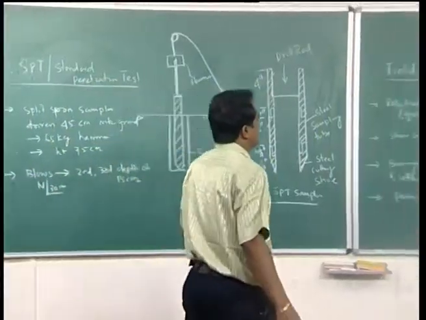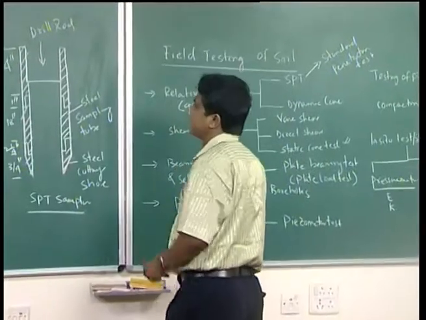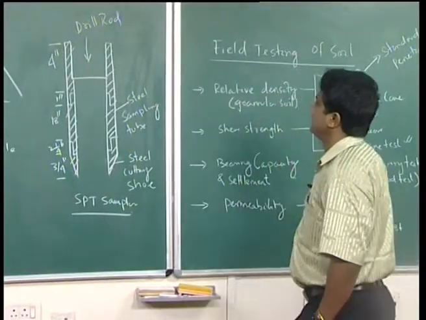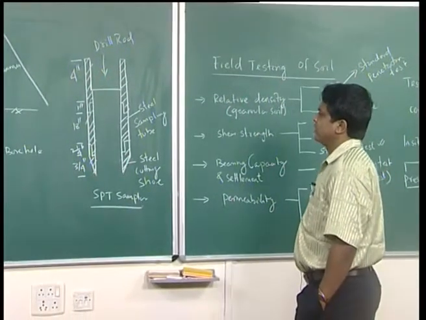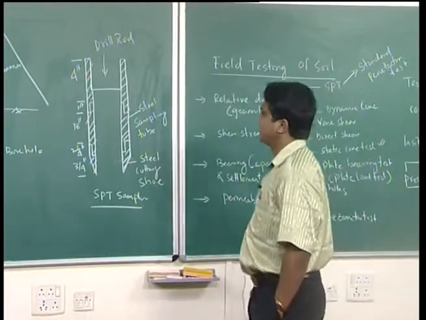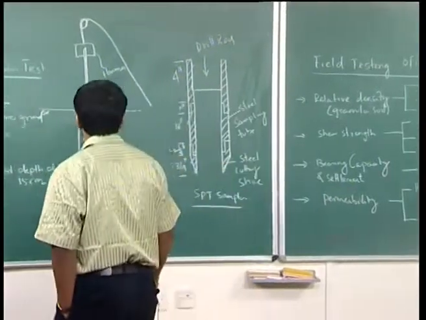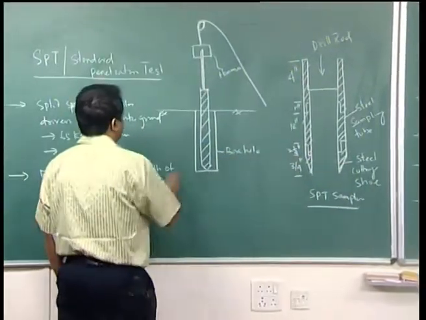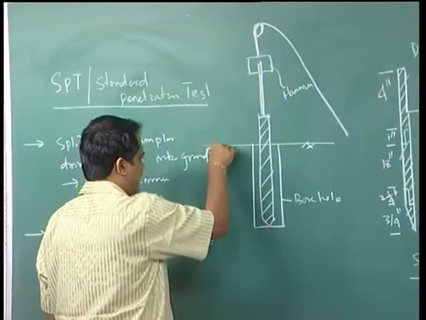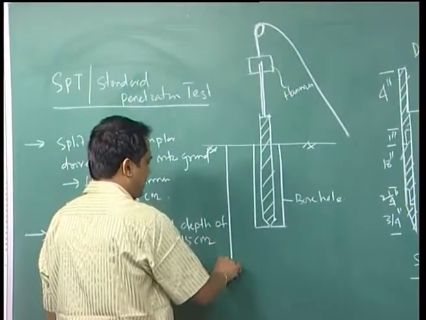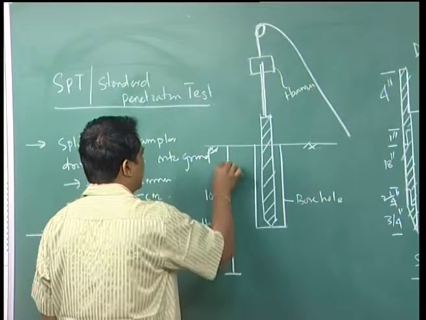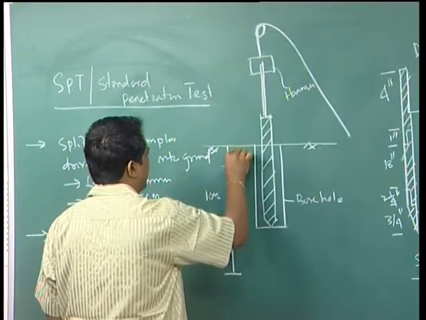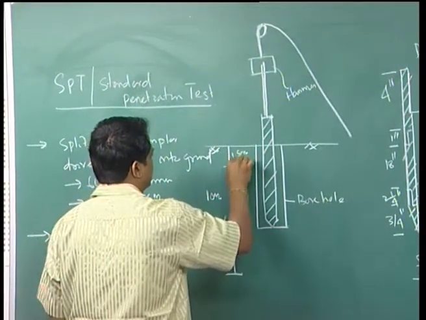First one is your standard penetration test. If you look at a standard penetration test, how it is performed. First, suppose it has been decided to get the penetration blows below the ground surface, say up to 10 meter at an interval of 1.5 meter depth.